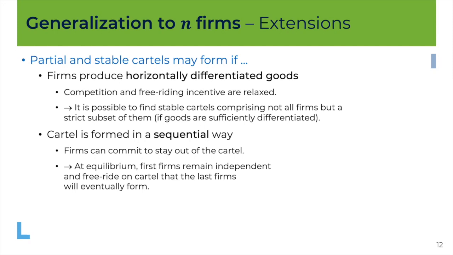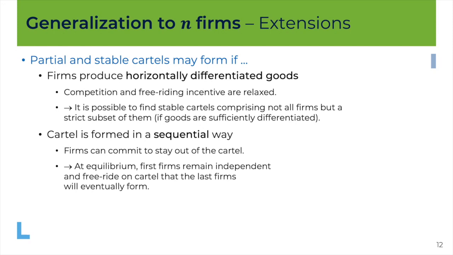Okay, and at the end of this game of proposition and counter propositions, what is shown is that it's possible that some cartels will form, not with all firms, but some firms. The ones who propose first may use this sequential game of proposition and counterproposition to commit to staying out of the cartel.